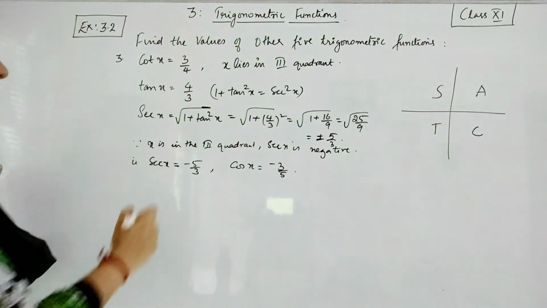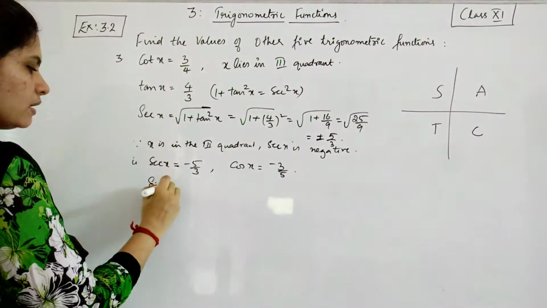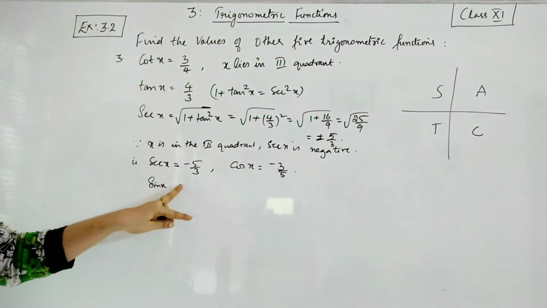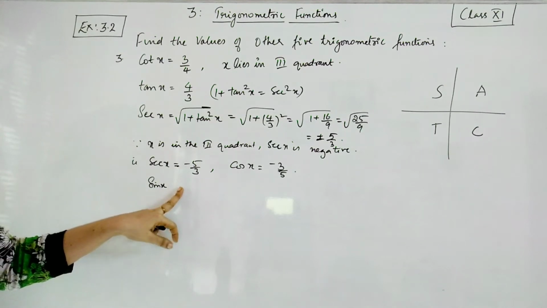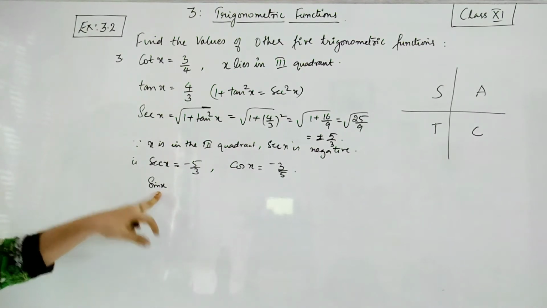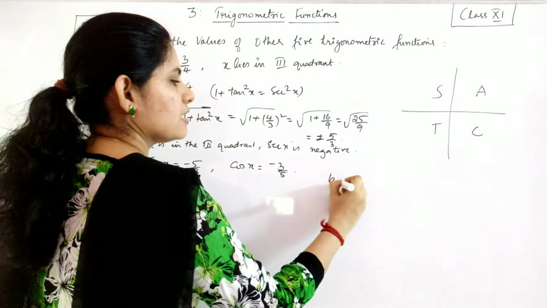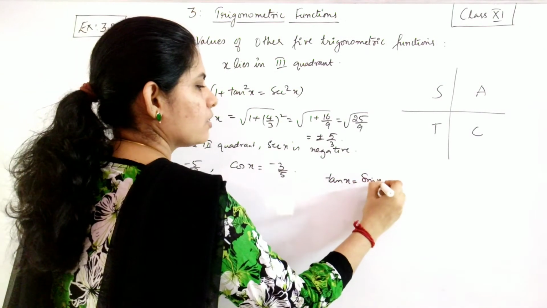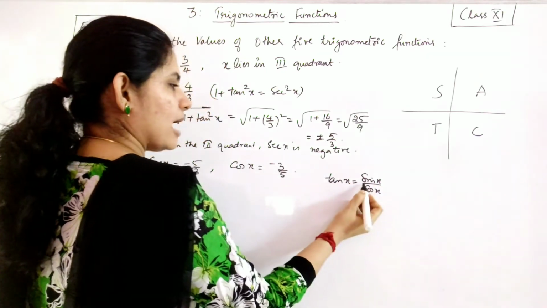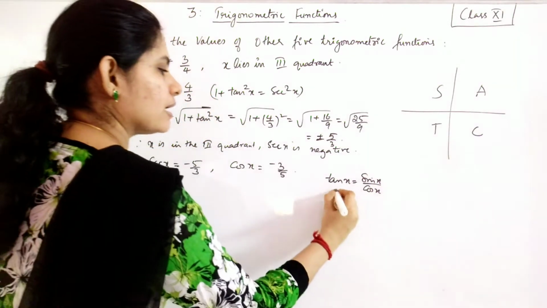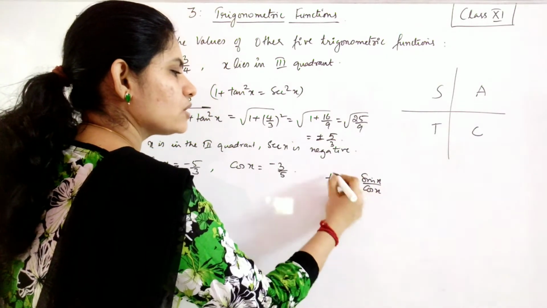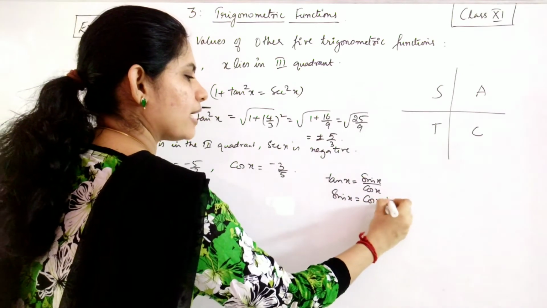Now what you need? Sine you want? Either you can use the formula sin square x plus cos square x equal to 1, and from there find sine, or else you can use the tan relation, that is tan x is equal to sin x by cos x. Since you have these two values, cos will go there, so sin x is cos x into tan x.